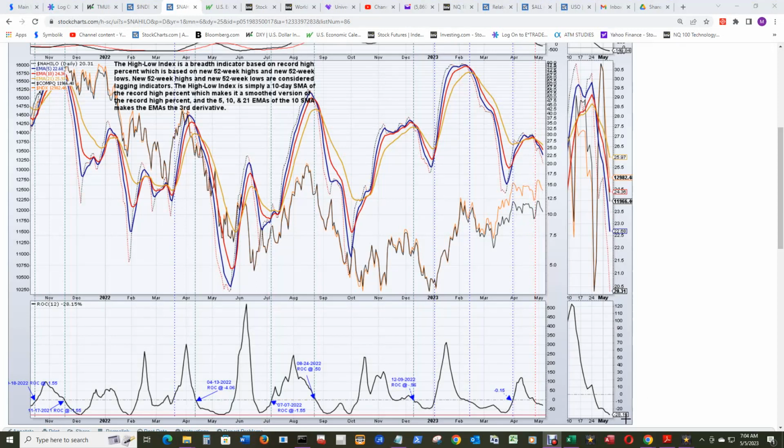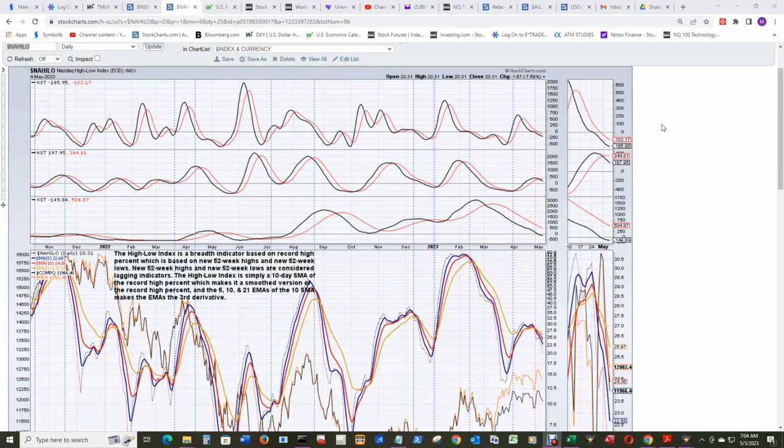And the ROC 12 is well below 0, negative 28.15. And there's no inclination whatsoever of the composite index for the high-low hooking around and headed back up like the NASDAQ 100 did.